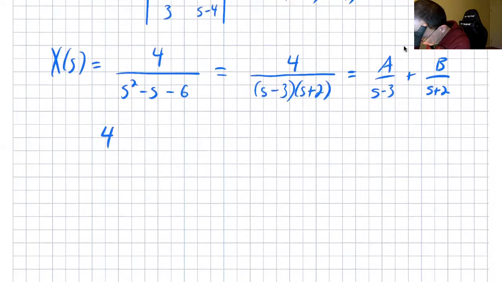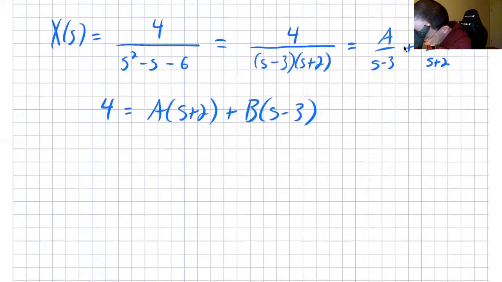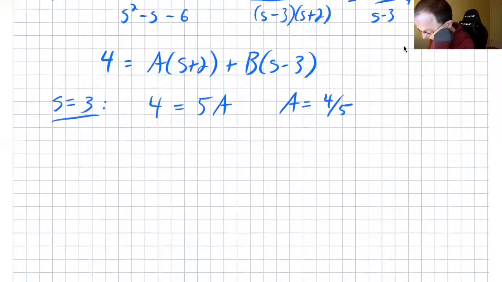Let's do this first. So we get A times s plus 2 plus B times s minus 3. Let's do s equals 3 first. So s equals 3 gives us 5A, so A is 4 over 5. That's that 4 over 5 that we had when we solved this problem the first time.